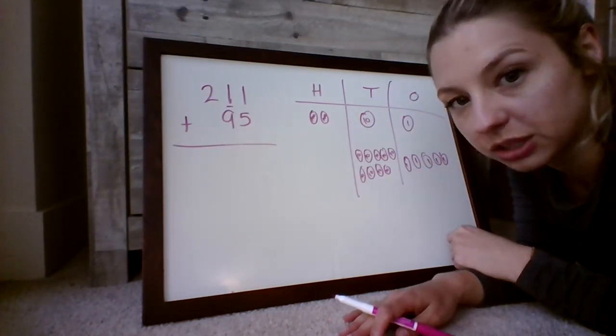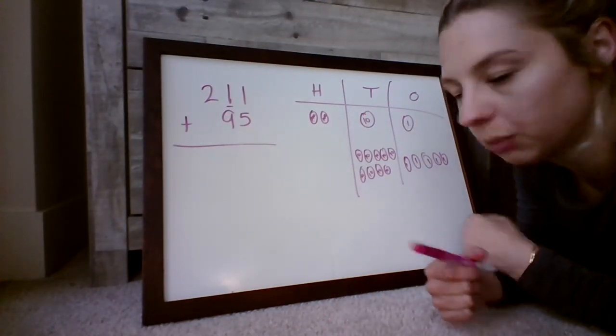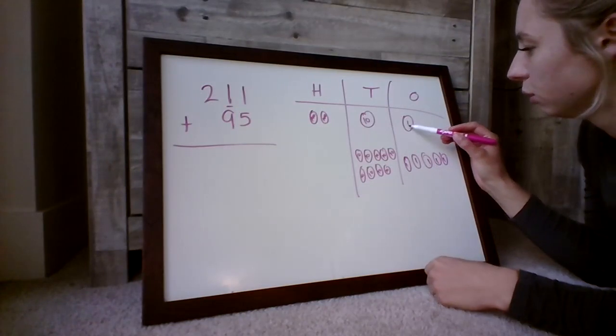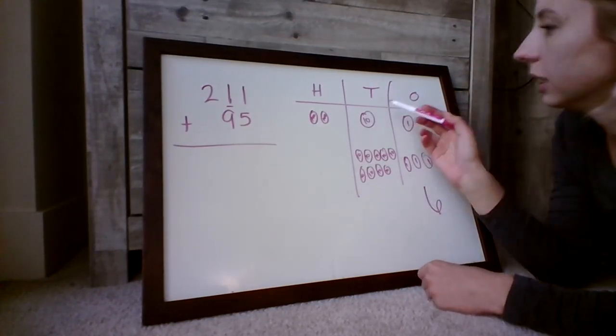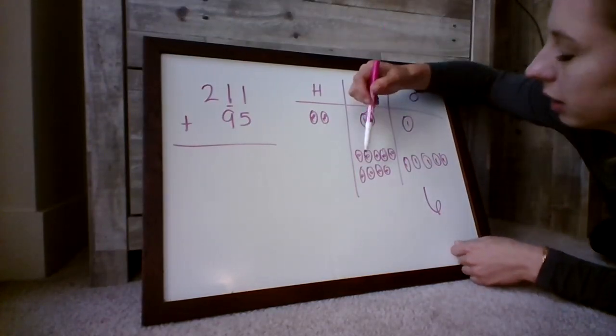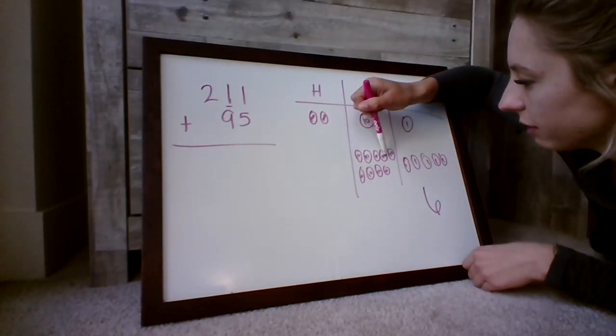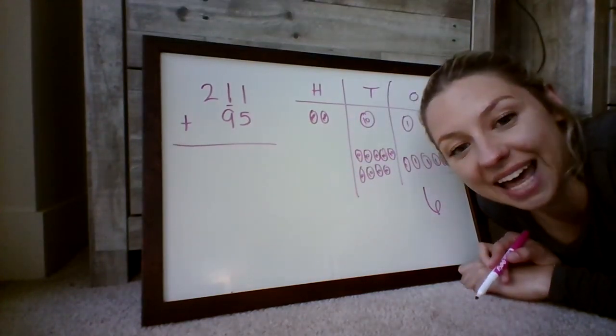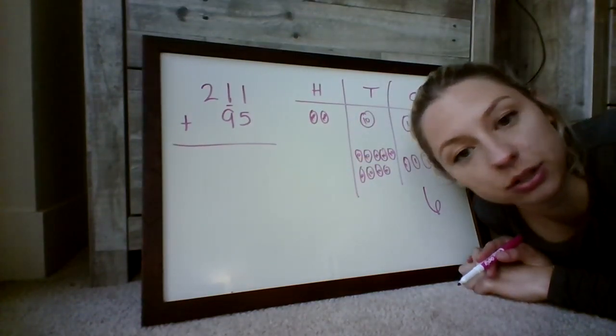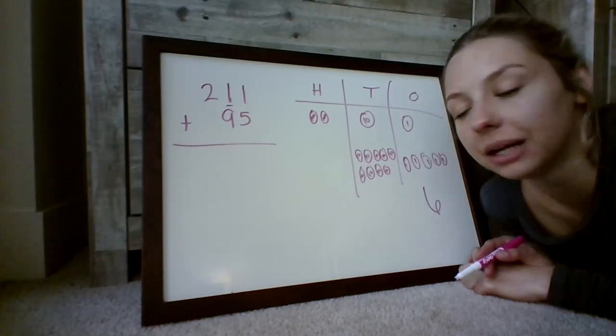Okay, what do we start with first? We always start with the ones. Let's add the ones. 1, 2, 3, 4, 5, 6. Let's add the tens. 1, 2, 3, 4, 5, 6, 7, 8, 9, 10. Wow, I have 10 tens, just like I had 10 ones. What do we do? Bundle.